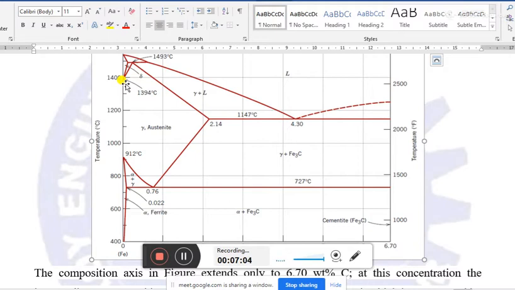After a slight presence of carbon, these portions are making some solid solution with carbon. Now, the first form of pure iron is alpha ferrite. Alpha ferrite, that is written here, alpha ferrite.